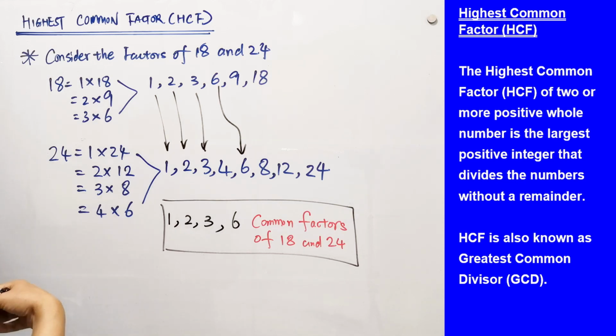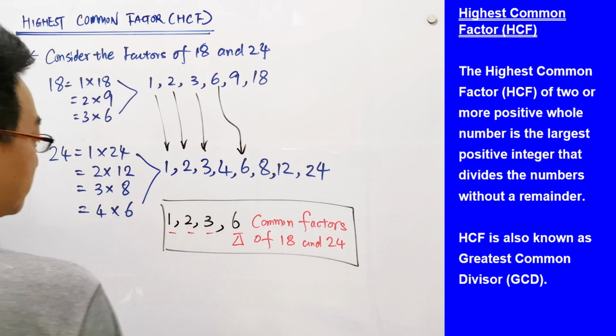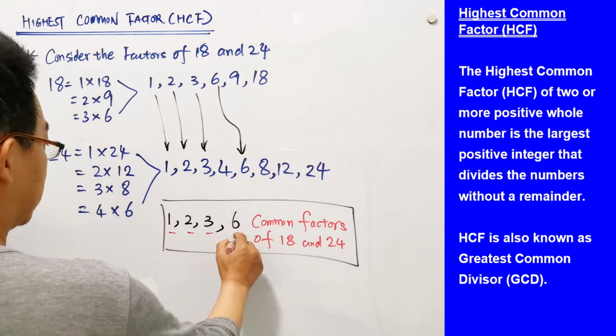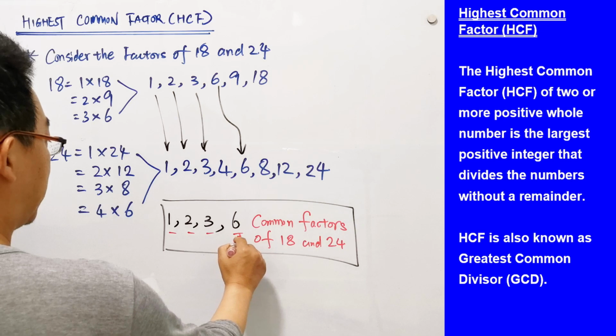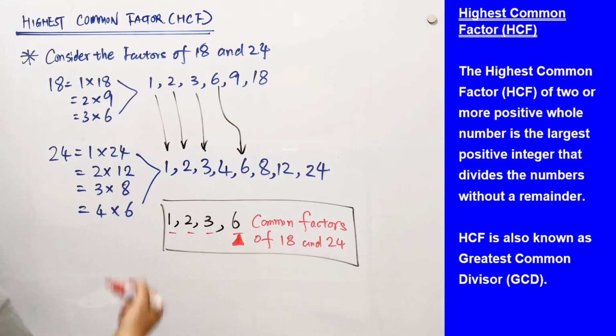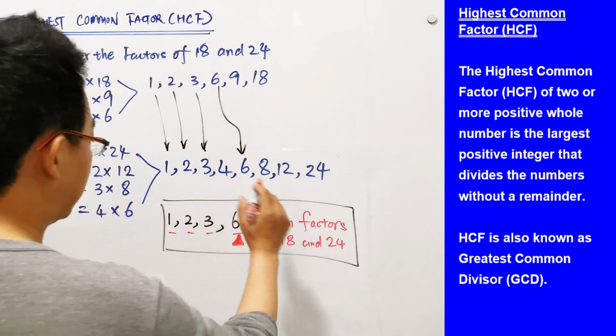Okay, so let's explore. Inside this, 1, 2, 3, 4, 6. 6 is the largest common factor. So in this case, we call 6 the highest common factor of these two numbers, 18 and 24.